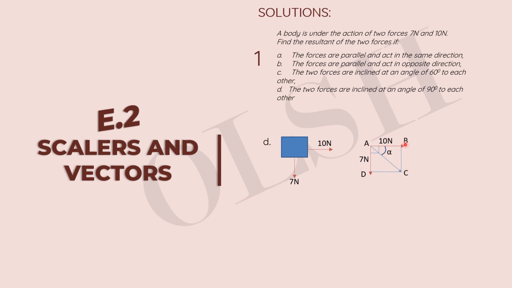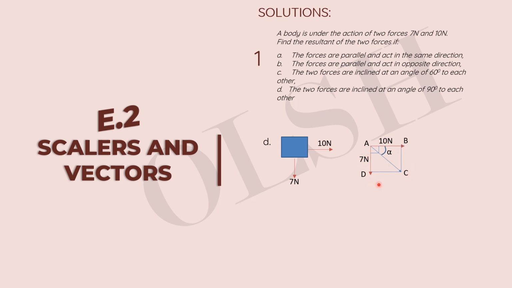So we have AB and BC, where AB is 10 newtons and BC is 7 newtons, and the head of AB will be touching the tail of BC. If that happens, then AC becomes our resultant.